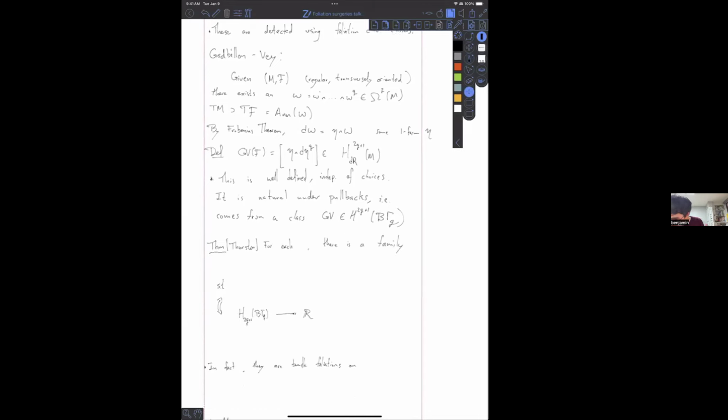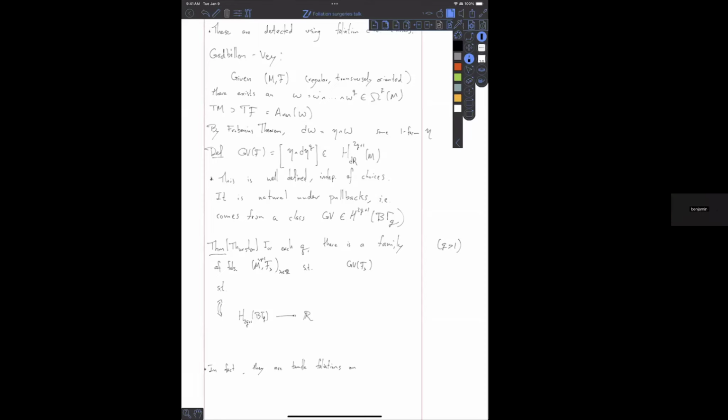For each codimension Q, maybe let me take Q greater than 1, there's a family of foliations F lambda on manifolds M, for lambda real numbers, such that the Godbillon-Vey number of F lambda, well, these are 2q plus 1 manifolds.